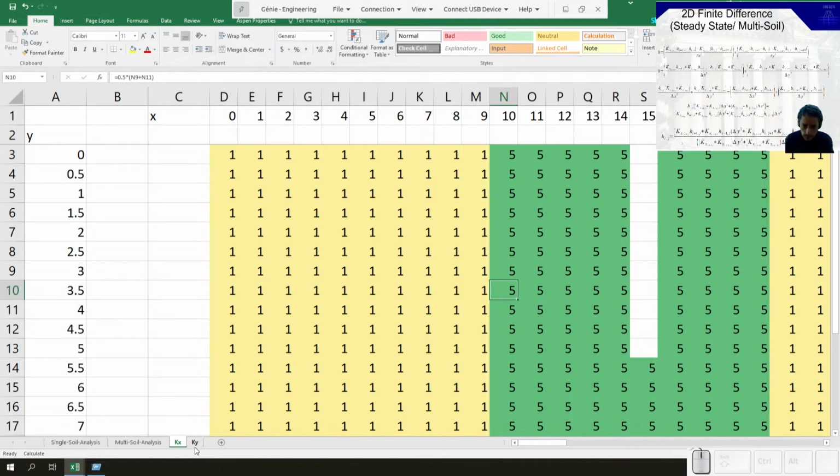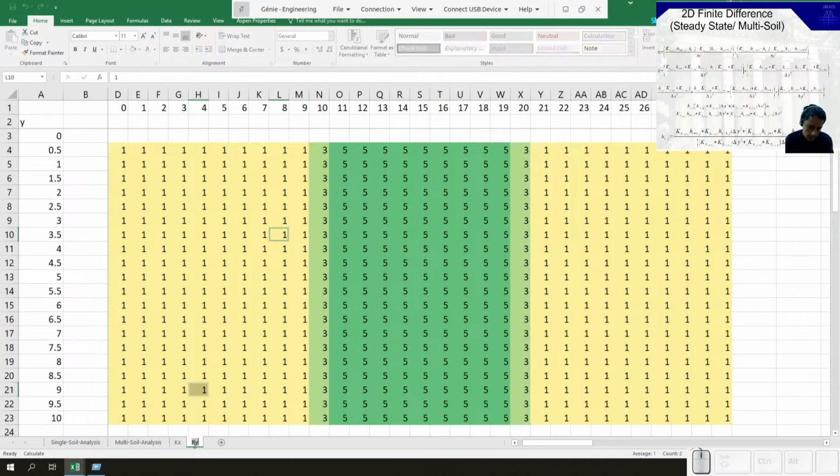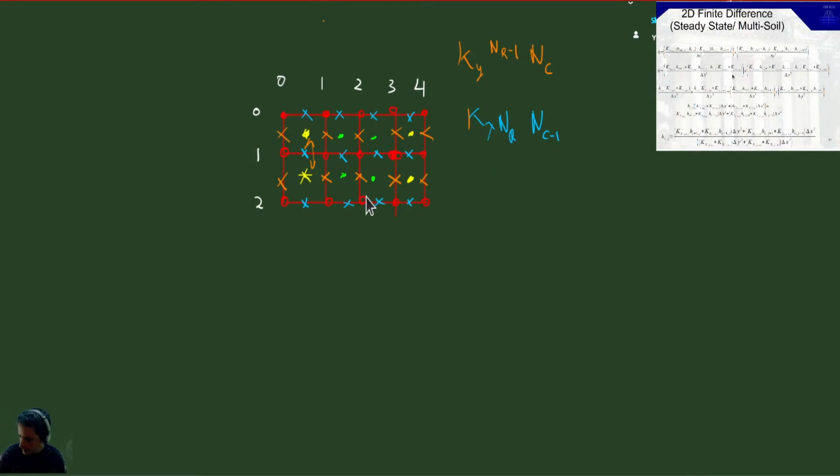And for ky, again, so to recapitulate, for ky, so ky are the oranges, so we should have the same number of columns, and we're averaging horizontally the neighbors.